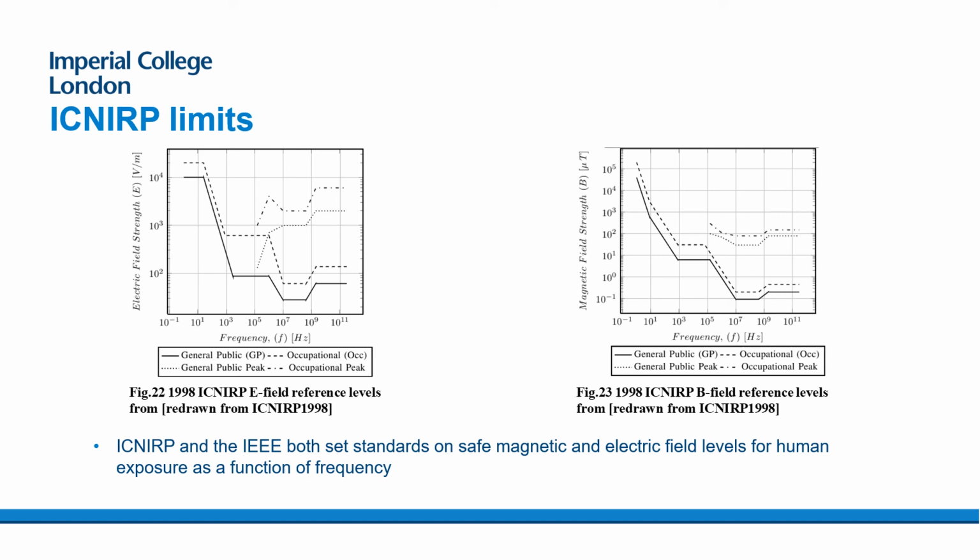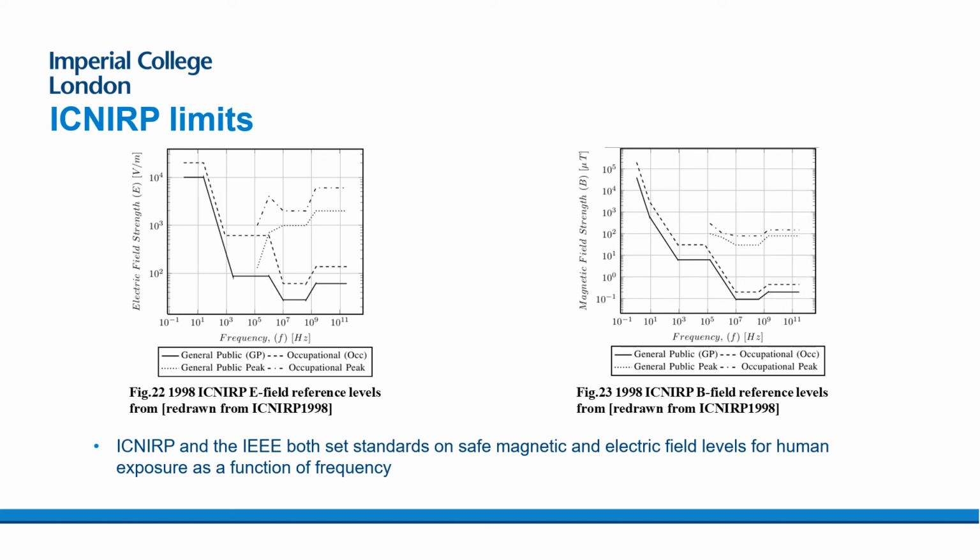Again, Mario will talk more about this later on in the school, but you can see here electric field strength as a function of frequency, and magnetic field strength on the right as a function of frequency, for levels from the 1998 ICNIRP documentation for human safety.